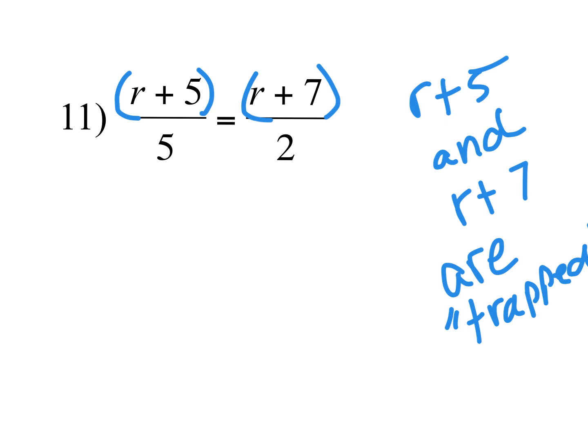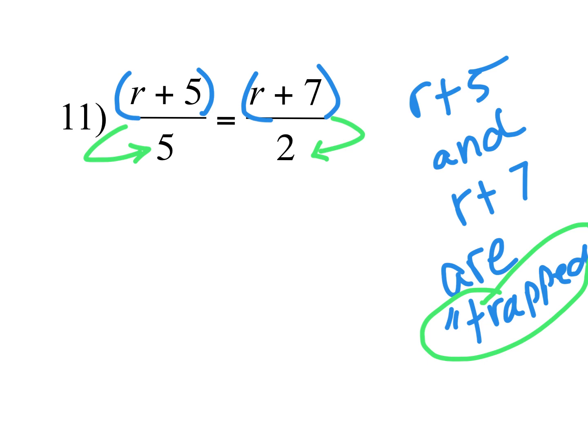Hey mathematicians, I'm going to work the first few problems for you on this side as well. Because the r plus 5 and the r plus 7, this isn't a very mathy term, but we're going to call them trapped, because you can see the r plus 5 is stuck on top of that 5 and the r plus 7 is stuck on top of that 2.